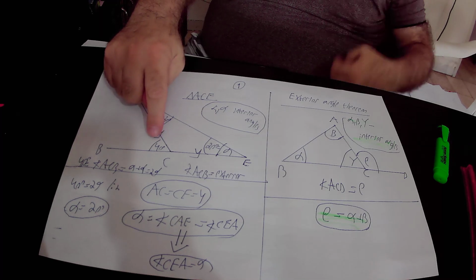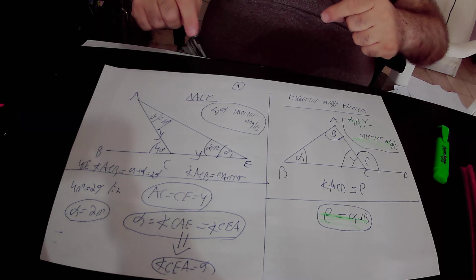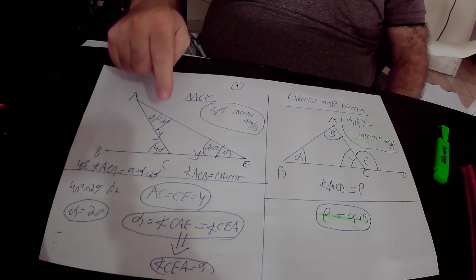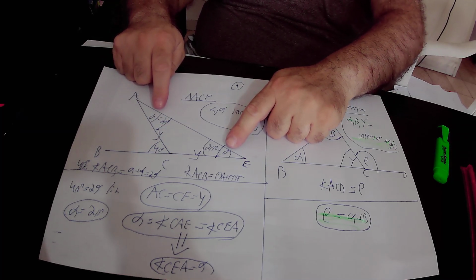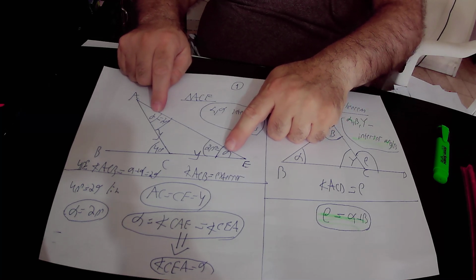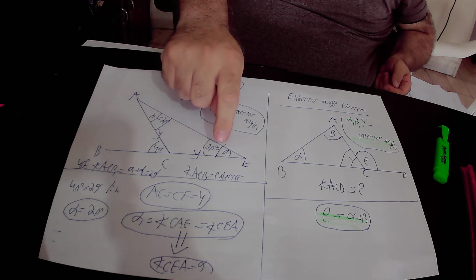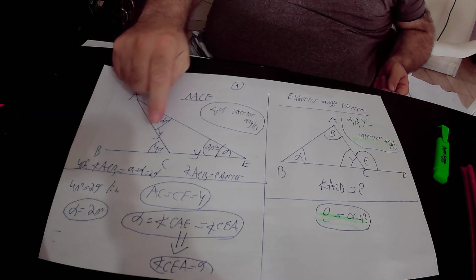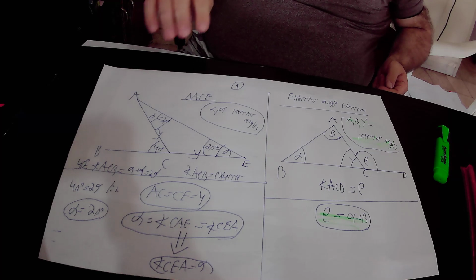So the size of this angle ACB will be equal to the sum of the two interior angles that are not adjacent to it, those two angles, alpha and alpha. Therefore, angle ACB equals alpha plus alpha according to the exterior angle theorem. Alpha plus alpha is 2 alpha.